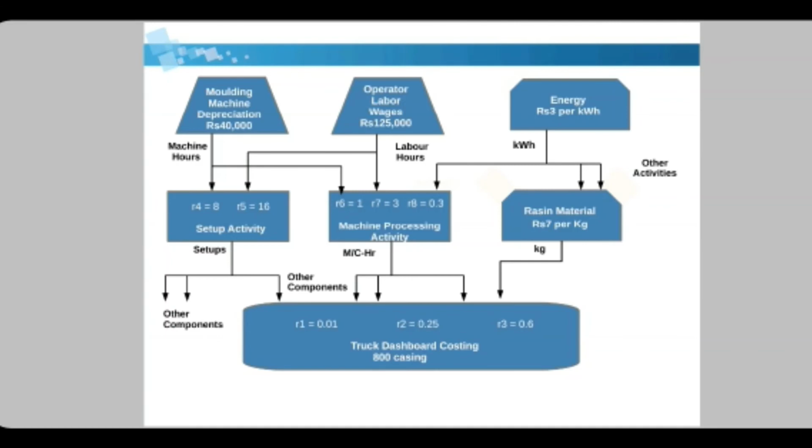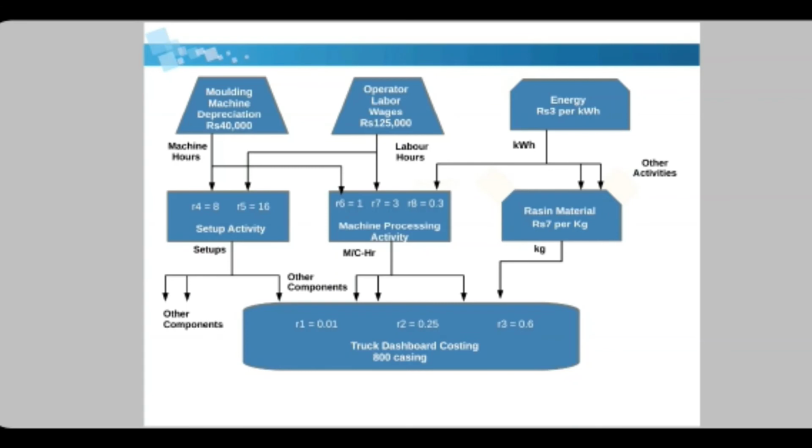Now the arrows show how it flows. The molding machine depreciation is used for setup activity as well as machine processing activity, because the arrow is going towards both. Operator labor wages are used for setup activity and machine processing activity.